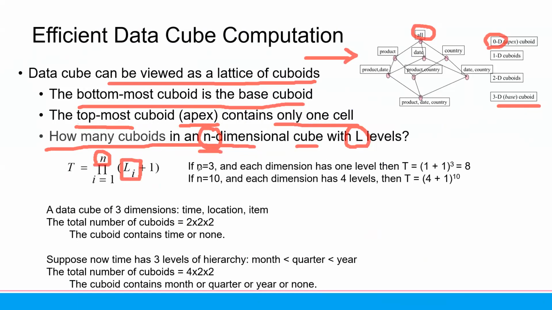So let's suppose we have n equals to 3, and then each dimension has one level. Okay, so we can follow this formula.